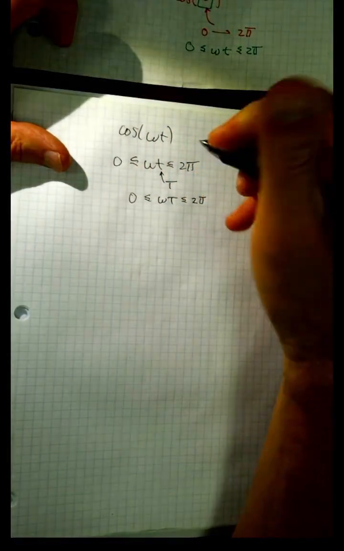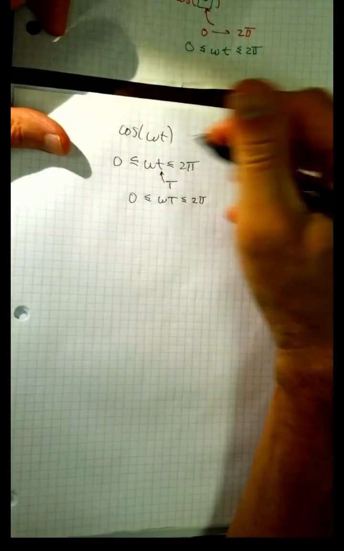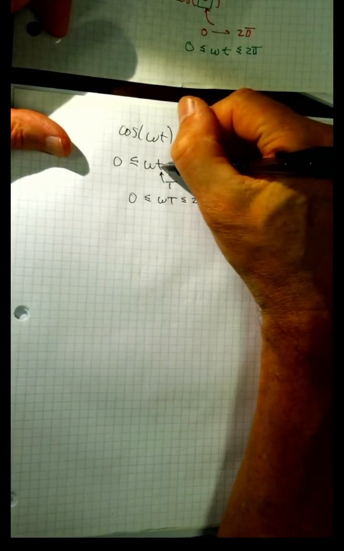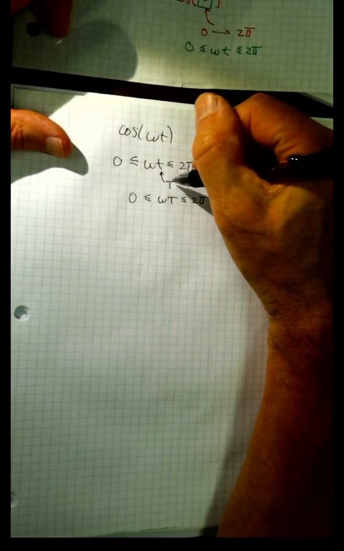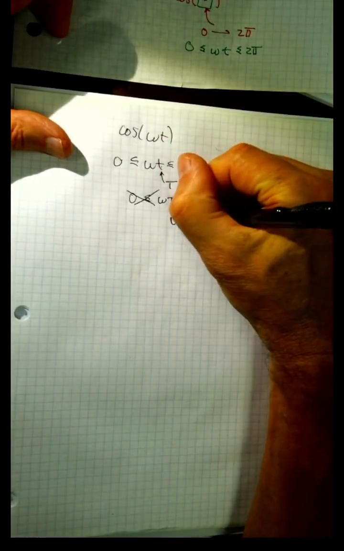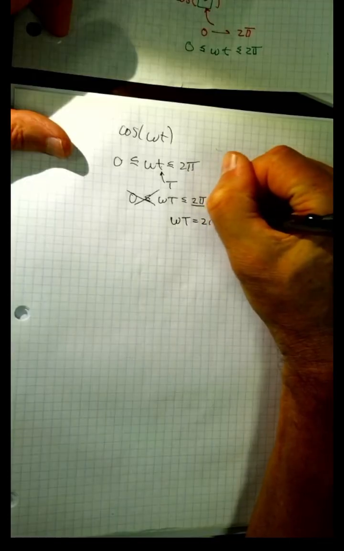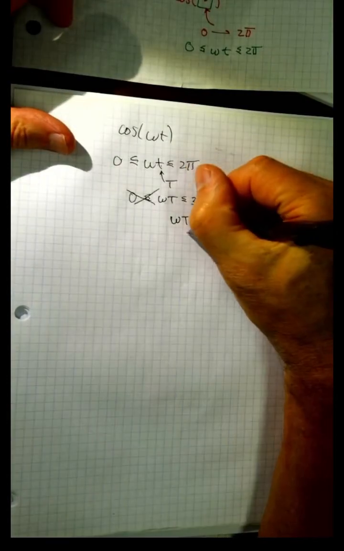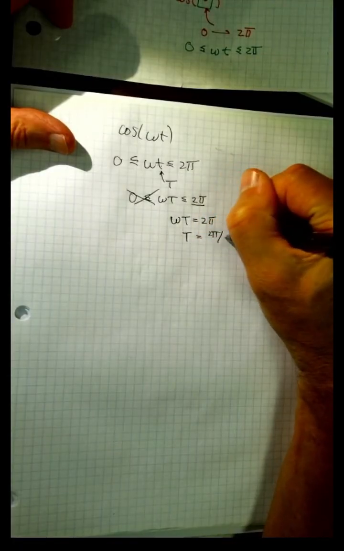So in terms of finding out this period, we know that when t is 0, we get that. When we plug in the period, we should get this. So the period should satisfy this, or t equals 2 pi over omega.